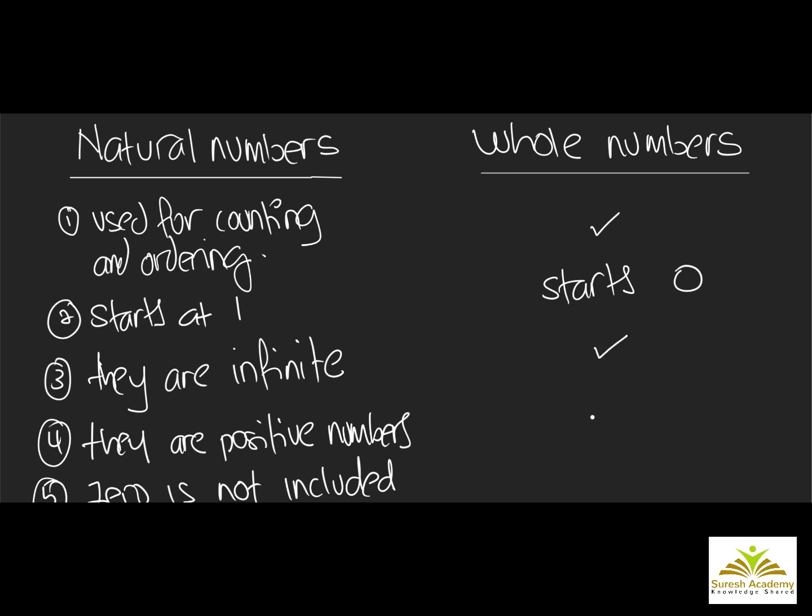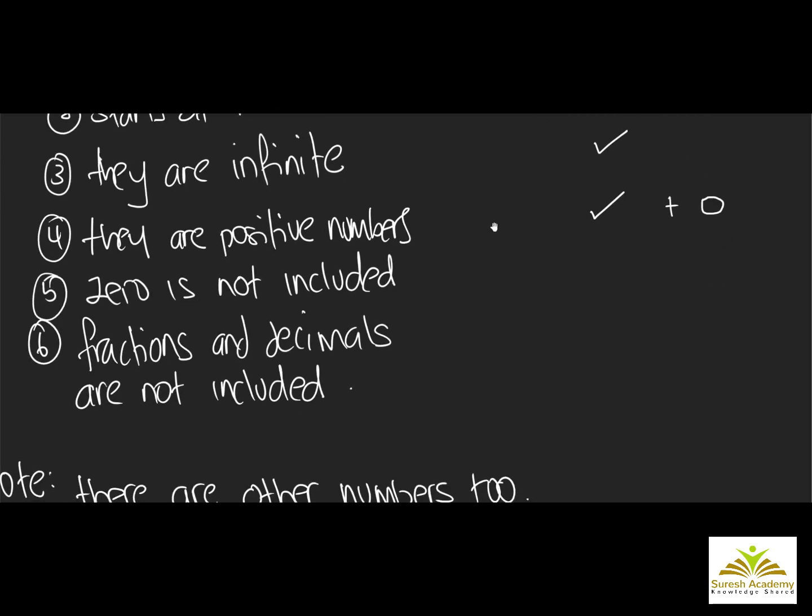They are positive numbers plus a 0. 0 is a non-positive or non-negative number, which we will look at in a short while. In this case, 0 is included, and it does not include fractions and decimals.